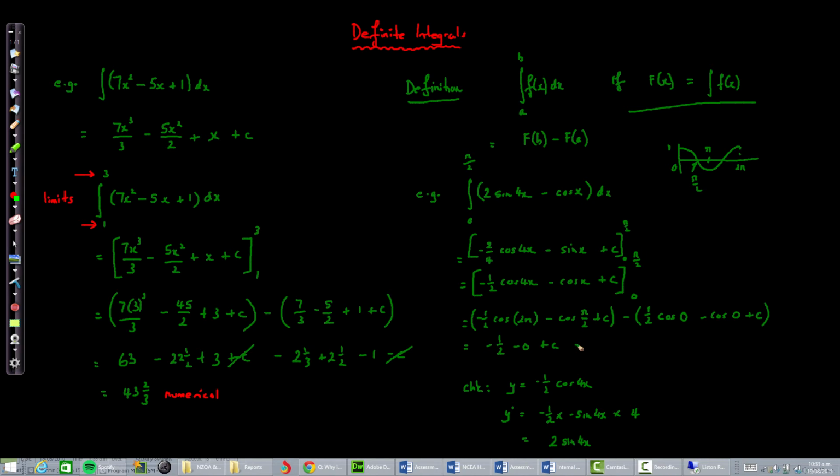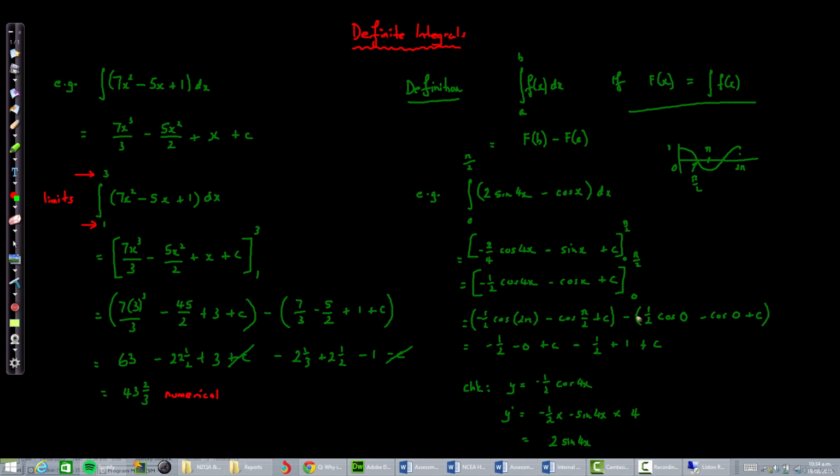Let's just carry on now. Minus, so the cosine of 0 is 1, so that's going to be minus a half. Cosine of 0 is still 1, so minus 1, but minus 1 plus 1. And we have our plus c. Oh, don't forget, sorry, that was a mistake.